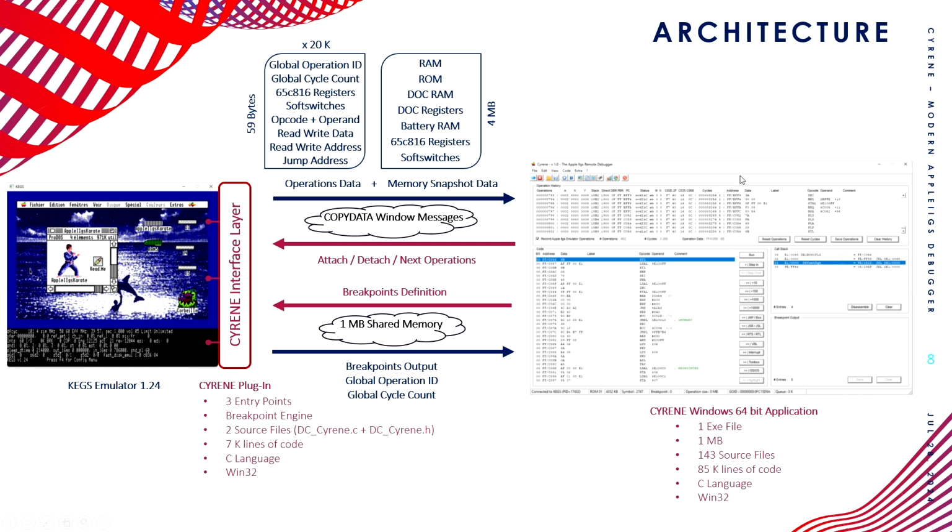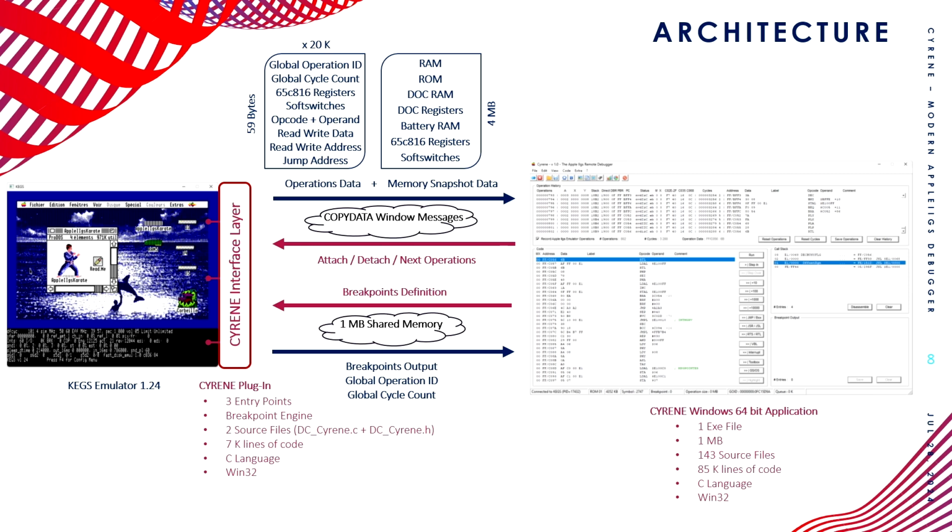As soon as Siren is connected through the interface layer to the emulator, the emulator stops. So we can see Siren as a remote control for the emulator. The inter-process communication between Siren and the emulator goes two ways: first, by using the CopyData Windows message, and also using a 1 megabyte shared memory space.